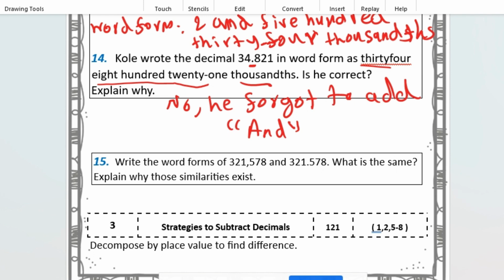So they are both basically the same, but this is a whole number, and this is a decimal. This number is way bigger than this number.